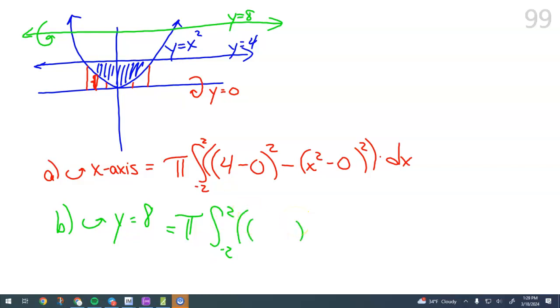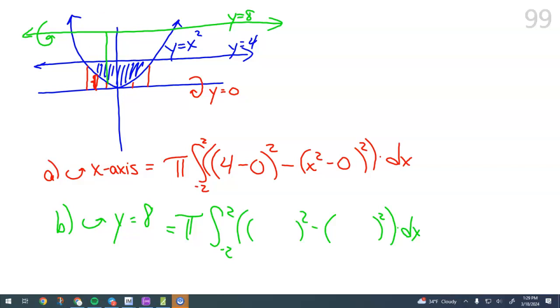And I'm going to set up kind of my general pattern there. So you got to figure out which one's farthest from y equals 8 and which one's closer to y equals 8. Sometimes drawing a line helps. If I just draw a vertical line, the one I come to first is closer, right?